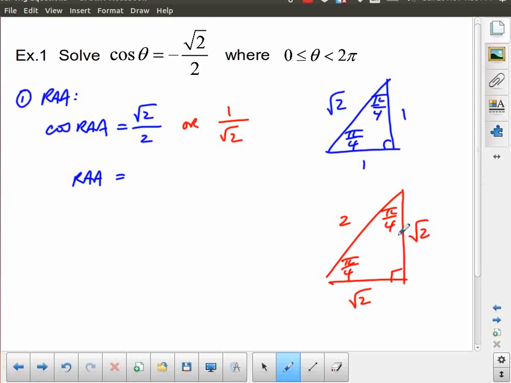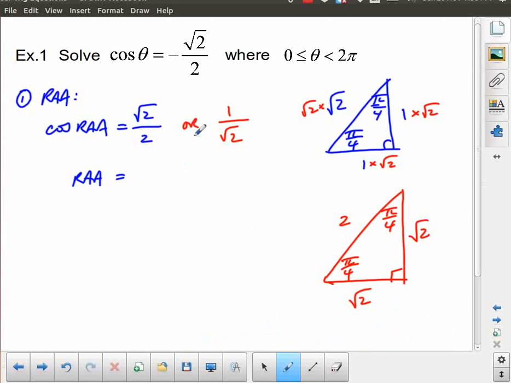It's exactly the same thing. All I've done to go from this one to this one is multiply everything by root 2. Root 2 times root 2 is root 4, which just turns into 2. So it just depends on how you've memorized this and how you're comfortable working with it.